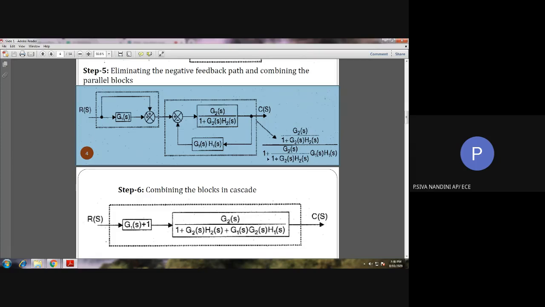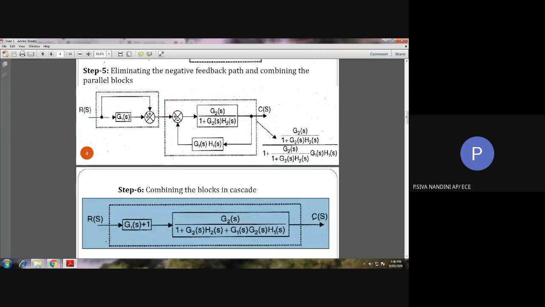Here we can take the LCM of the denominator. After taking the LCM, this 1 plus G2 of S H2 is common to both the numerator and denominator. We can cancel these terms and the remaining term will be like this.